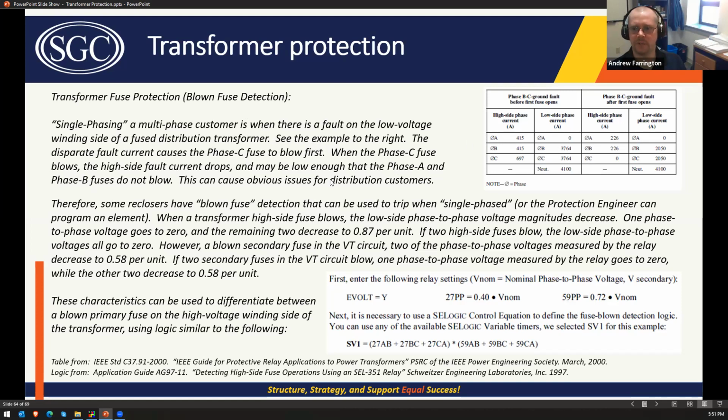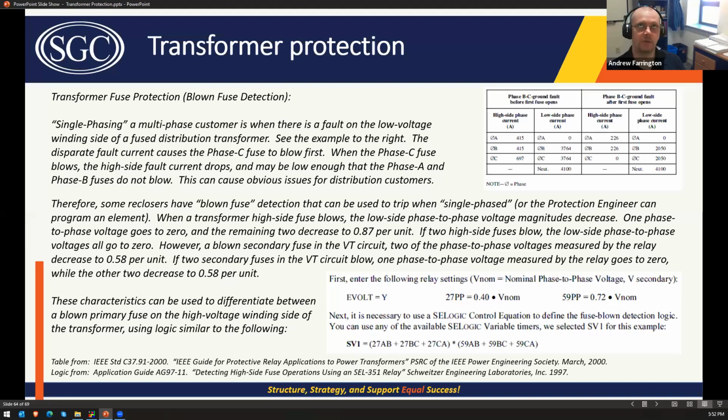So to account for this, you can use blown fuse detection, and there's a Schweitzer white paper on this, which is pretty interesting. You can use the phase-to-phase voltages you would see for a high side blown fuse for a delta-Y transformer, and the phase-to-phase voltages you'd see for a fault in the VT secondary that blows one of the fuses in the VT secondary.